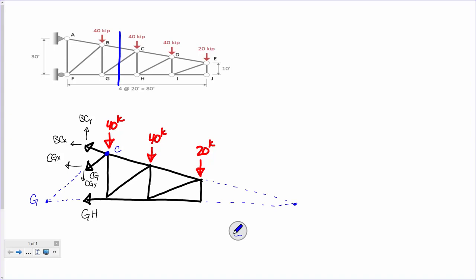The geometry is a little funky, and since it's our first problem, I'm not going to do that, but it's just something I wanted to point out.